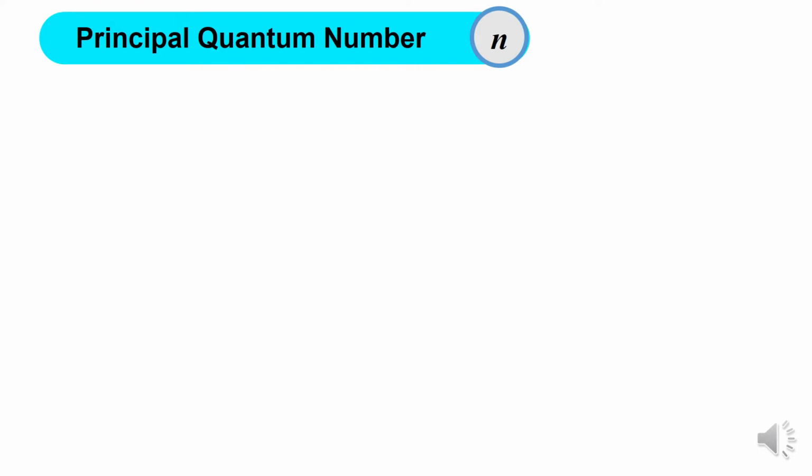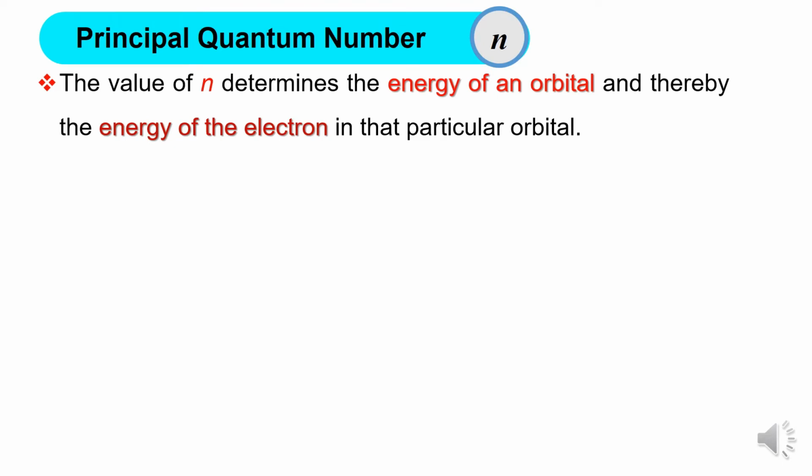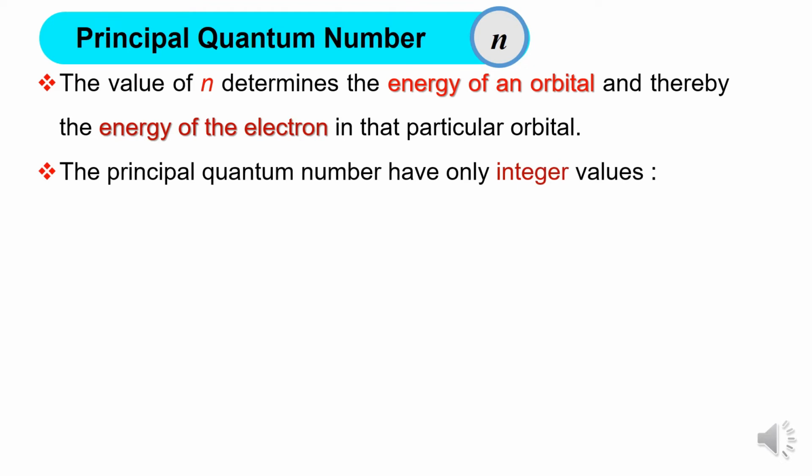Principal quantum number n. The value of n determines the energy of an orbital and thereby the energy of the electron in that particular orbital. The principal quantum number has only integer values: n equals 1, 2, 3 until infinity.